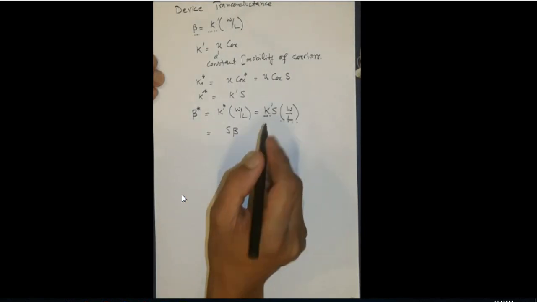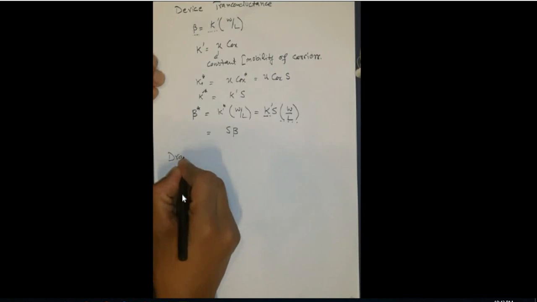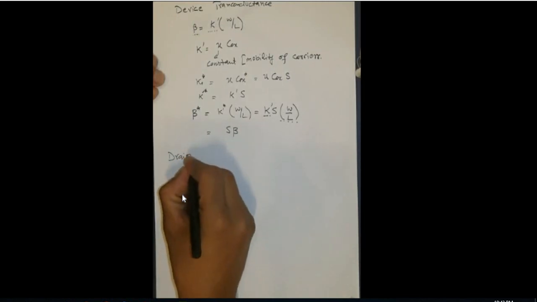The next factor which we have to find is drain and source resistances.